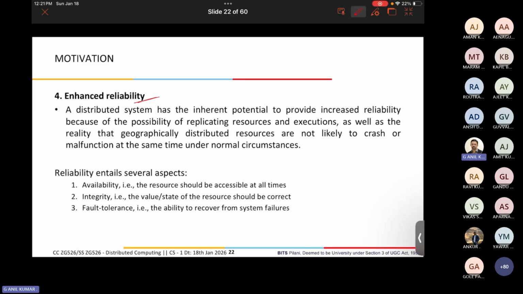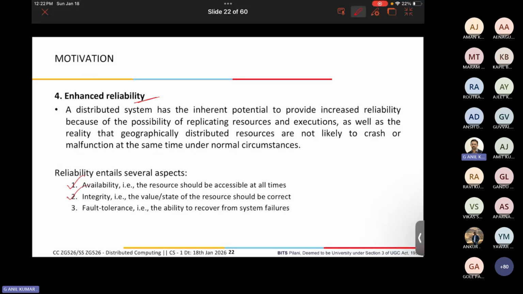Enhanced reliability. Obviously, the system becomes more reliable because of the better backup mechanisms that you prepare, the redundancy and replications that you create, and the failovers are much better. So obviously the reliability factor would be much higher. When we speak about reliability, three points come into the picture. It's about availability, meaning the resources are highly available.